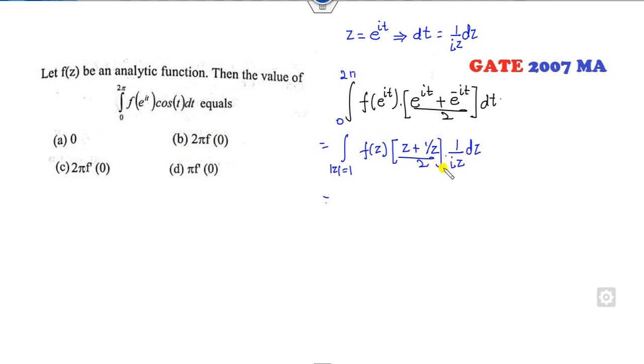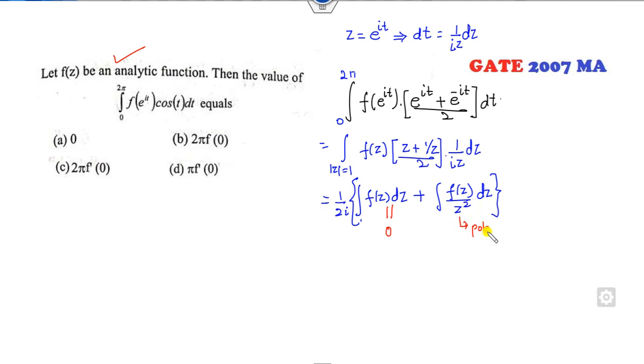Now if I open this bracket, I can take 1 over 2 iota outside. So this is the integral of f(z) dz plus the integral of f(z) over z squared. Fine. Now since f is an analytic function, the first integration will be 0. The second has a pole at 0, on a circle with center 0 and radius 1.